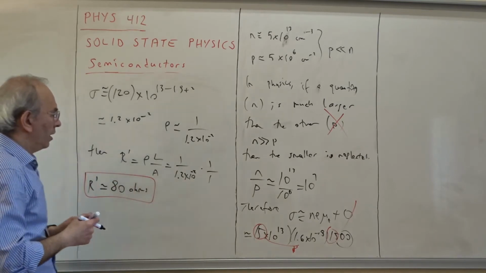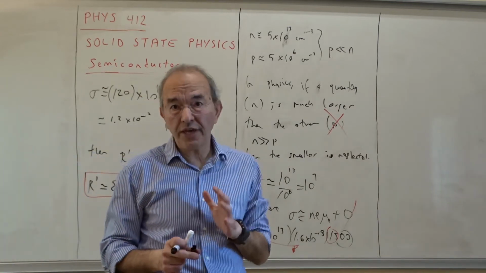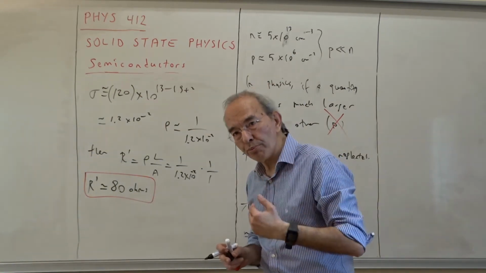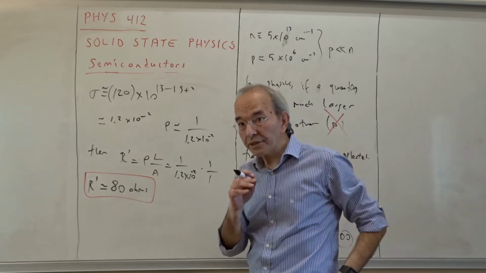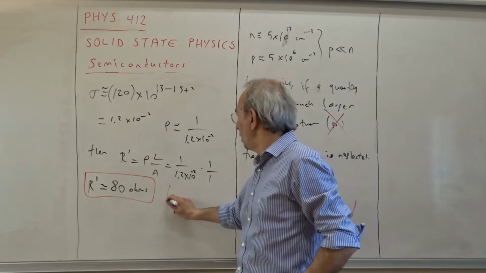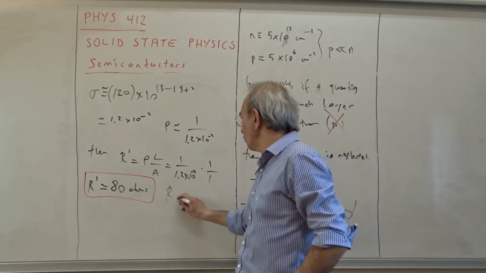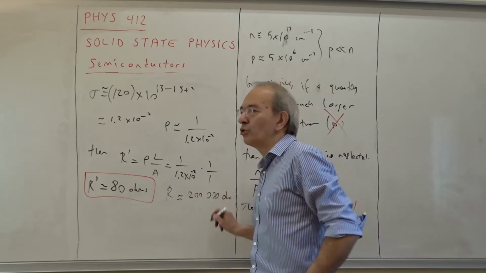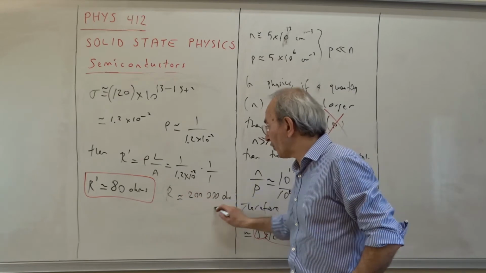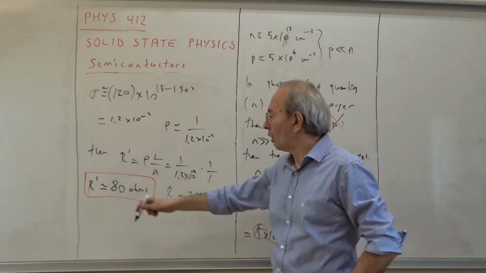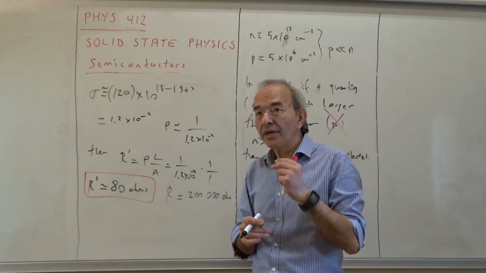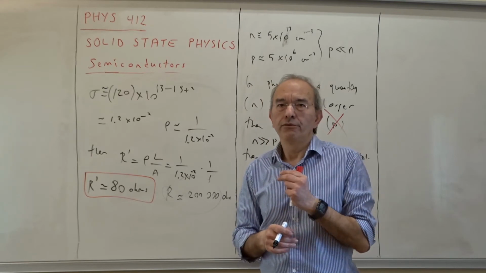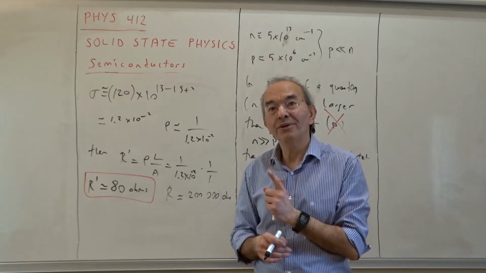Such a large effect, such a large drop in the resistance. What was R? Remember, in the first part, R in the intrinsic case turned out to be 200,000 ohms, 200 kilo ohms. From 200,000, it dropped to only 80 as a result of even such a small doping, 1 part per billion.